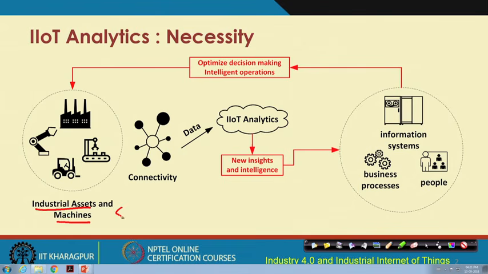For example, in a smart factory, where there is smart manufacturing, that means the equipments themselves are fitted with different smart sensors and so on, which continuously access the data of different types from these machinery. So, these industrial assets and machines are fitted with different sensors. Data over a particular network are going to be sent for further processing, as I was telling you earlier.